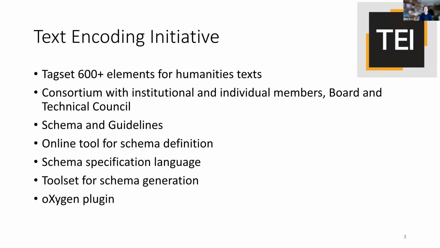One example of an organization which has decided to publish its resources in TEI is the European Holocaust Research Infrastructure project, but it's just an example of many others. The TEI is also a consortium with members, a board, and a technical council, and the technical council is responsible for the maintenance of the TEI schema or schemas and the guidelines.